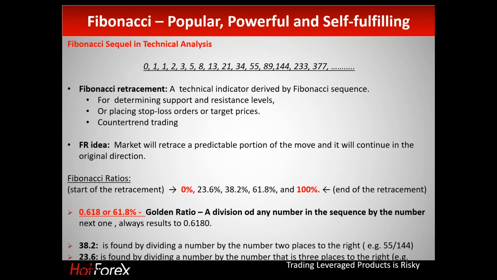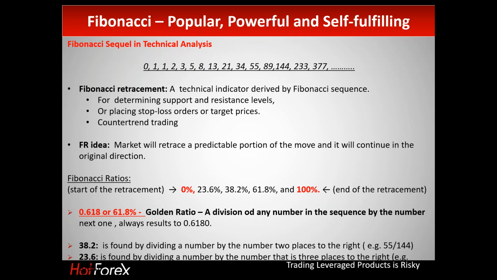But now we're going to move to a more interesting part, which is finance, and this is what we care about, right? So how Fibonacci could be used and how it could help us in the Forex industry in technical analysis.